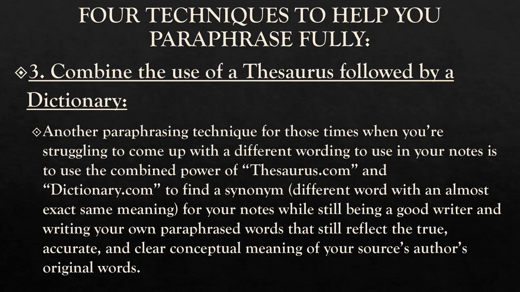Okay, here's another technique for paraphrasing. This one is especially good for those hard to paraphrase words. They're not terms, but you don't want to use those words because you're having problems thinking of your own words for it. And the way to handle that is to combine the use of a thesaurus followed by a dictionary.